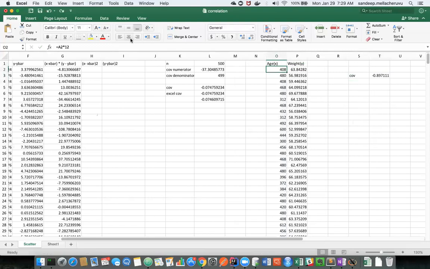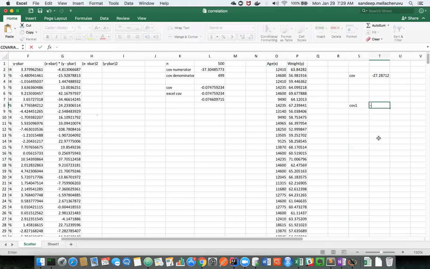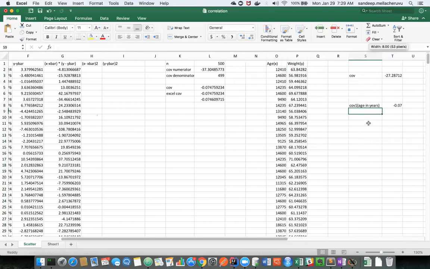When I did into 365, when I used days instead of months, I got minus 27. But notice that in all these cases, covariance 1 is nothing but minus 0.07, which is age in years. When you use age in years, you're getting covariance as minus 0.07.